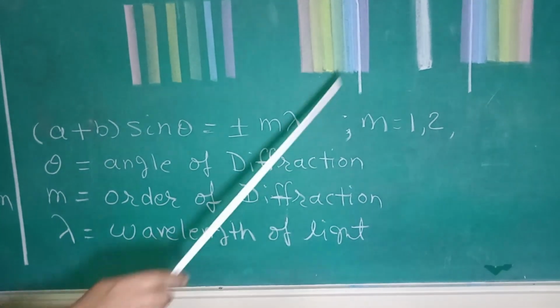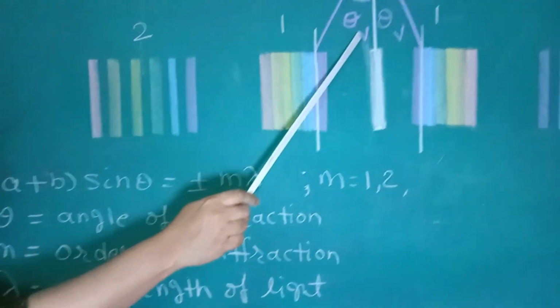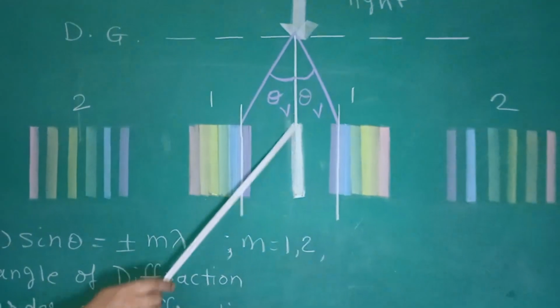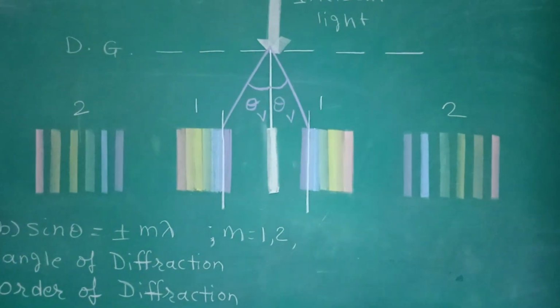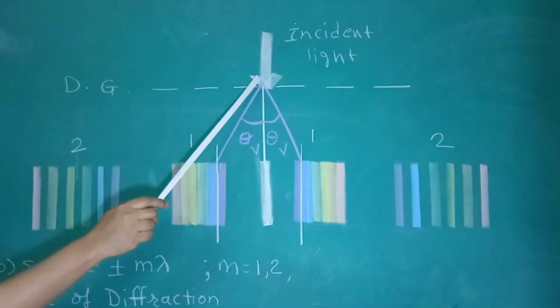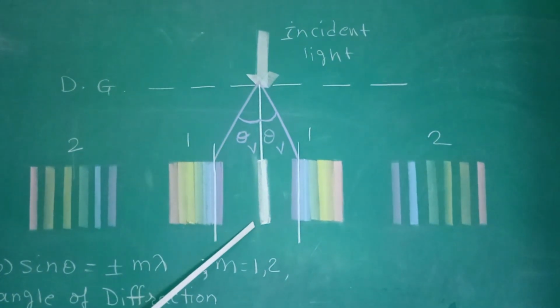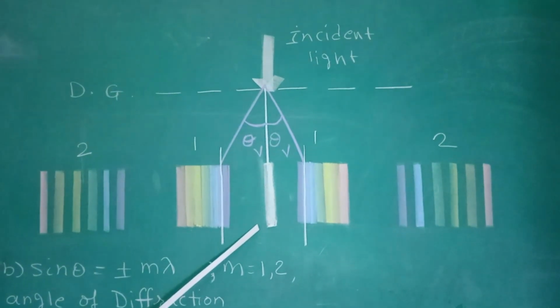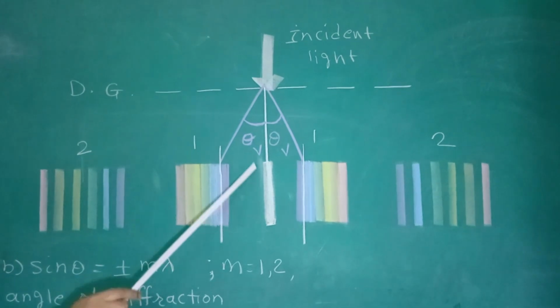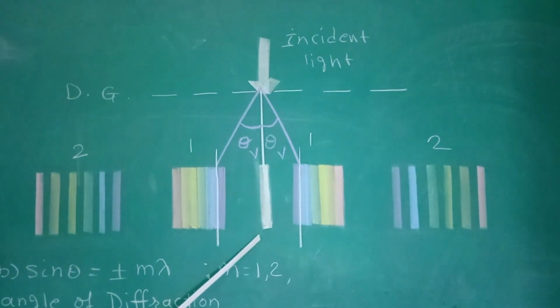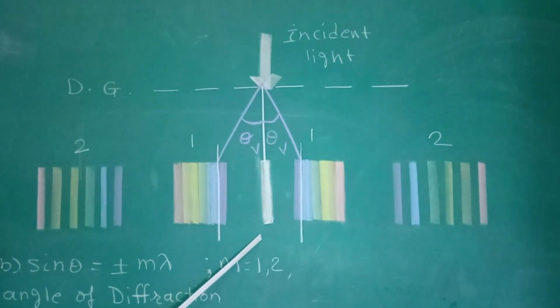So for m equal to 0, you will get a white band. There will not be diffraction because light is traveling in a straight line path. So all 7 colors will merge into one to obtain a white band at the center. This is the 0th order, m equal to 0.